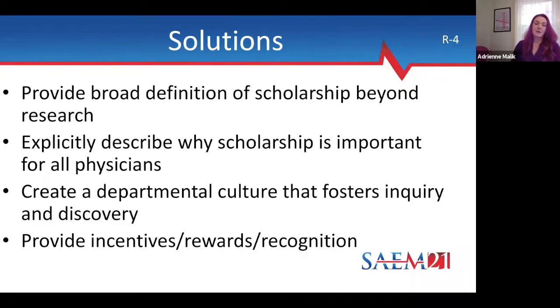Lastly, it's great if you can provide incentives, rewards, or recognition to your residents who do even small presentations, submit an abstract, or get a small piece published. Residency can be really painful sometimes, and so having these small episodes of positive feedback can be really rewarding for residents. Like any other kind of positive feedback mechanism, the more it feels good to do this thing, the more residents are going to want to.